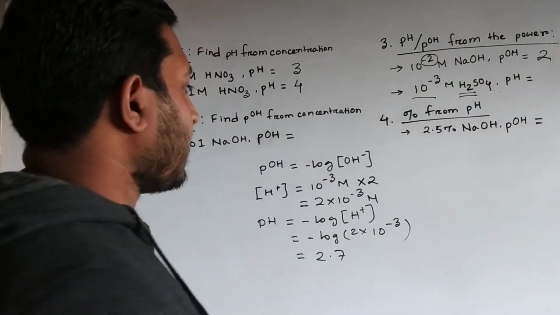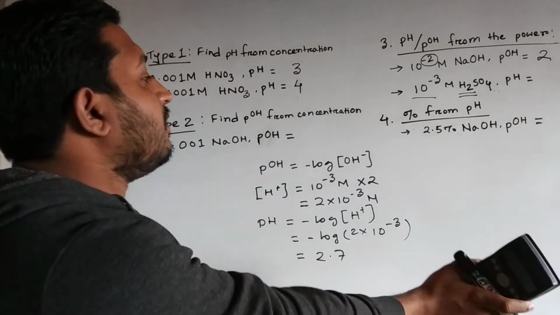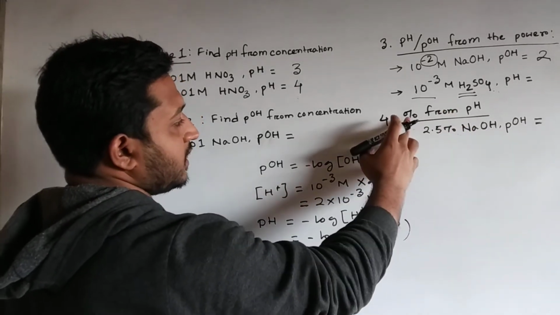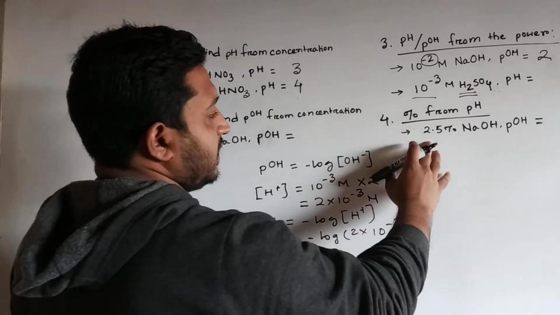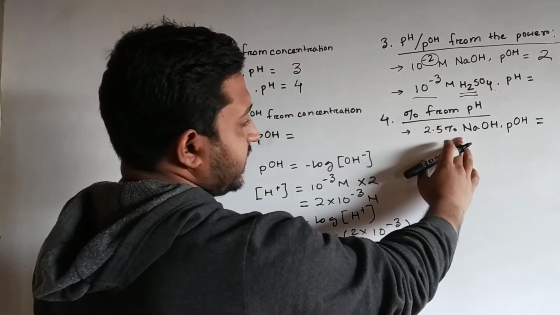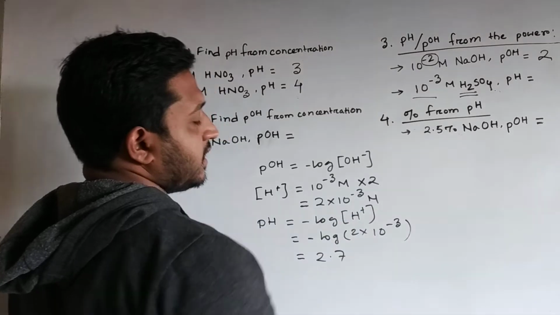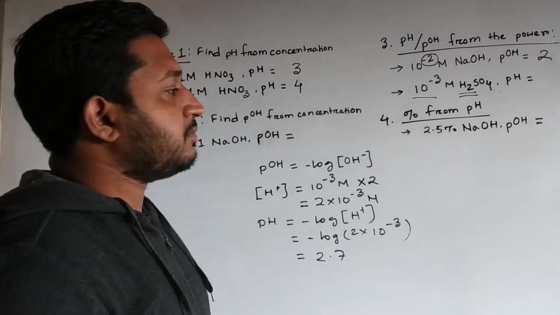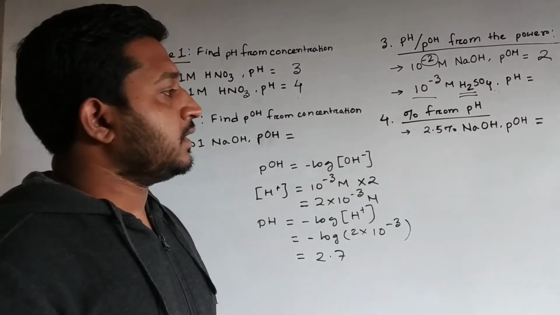Then our last type is finding pH from the percentage value. If the concentration is given in a percentage, how can you find the pH or pOH of the solution?